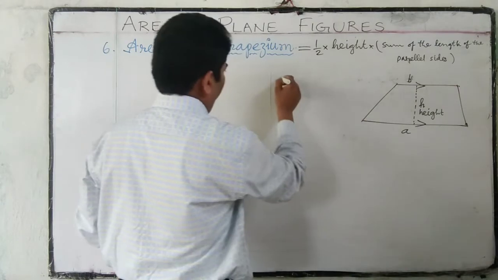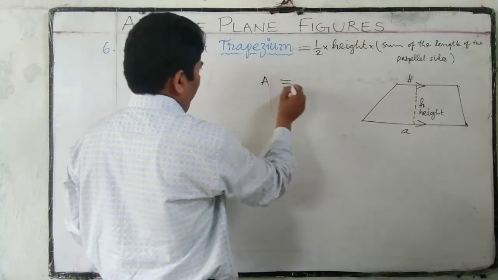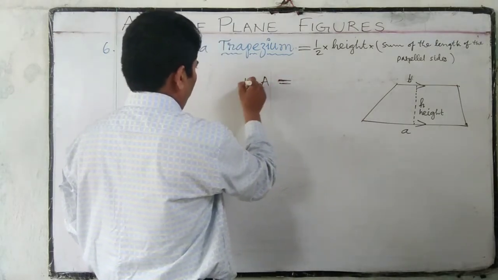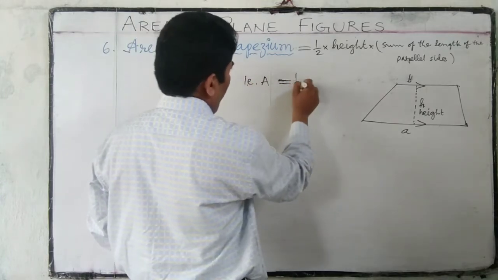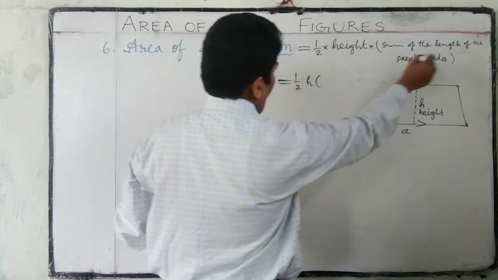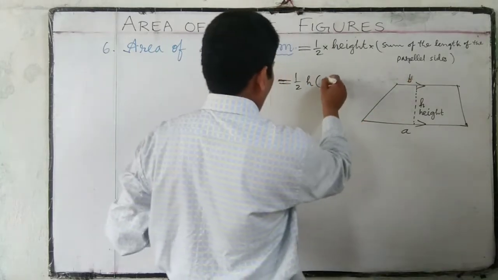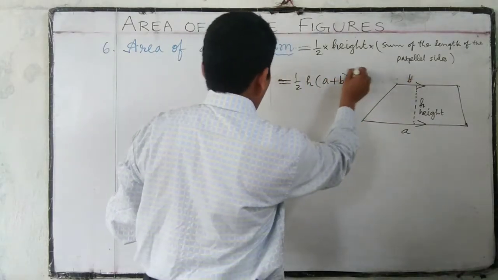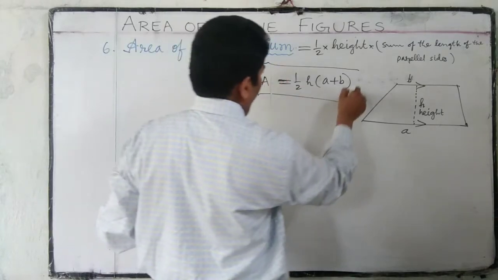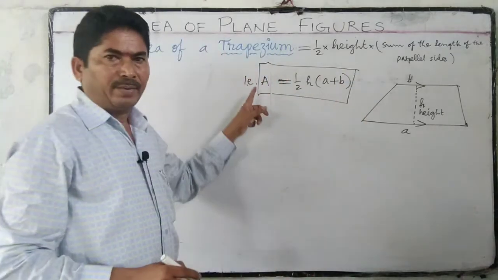That is, area A is equal to, in short, half H of sum of the length of the parallel sides A plus B. So this is the formula to find area of trapezium.